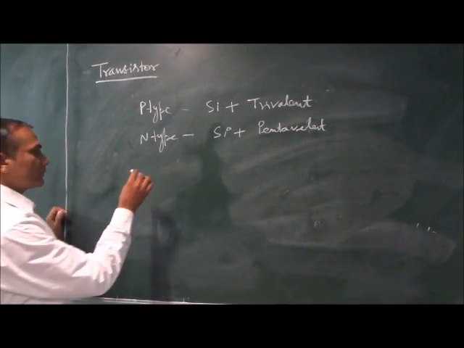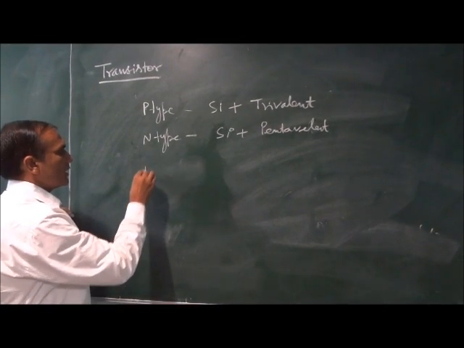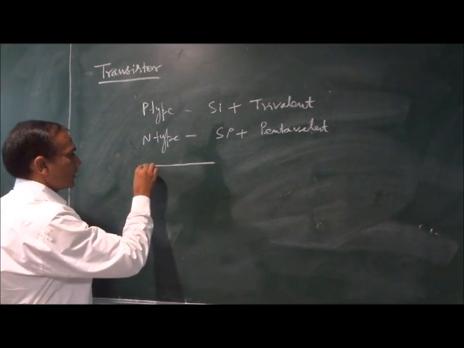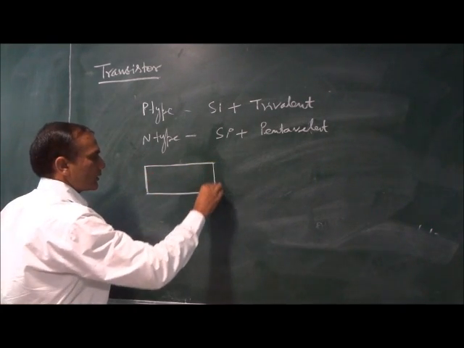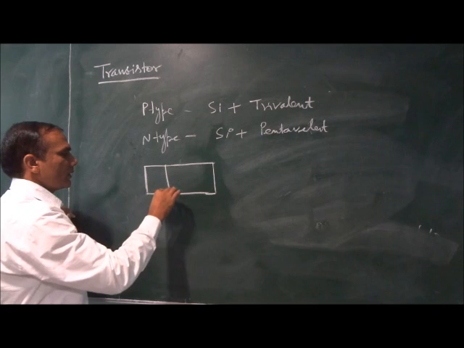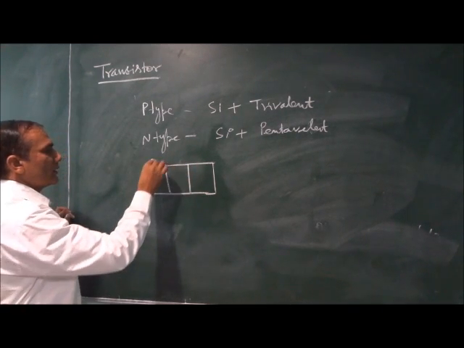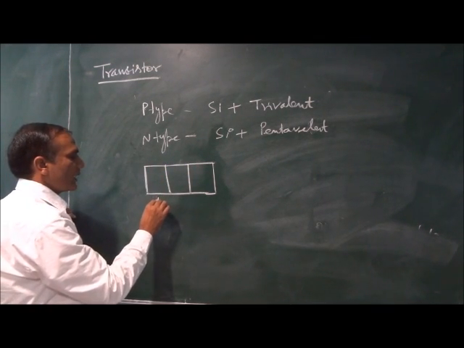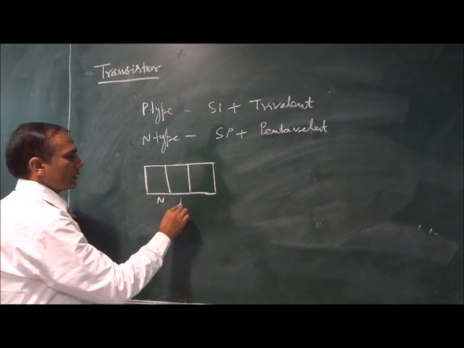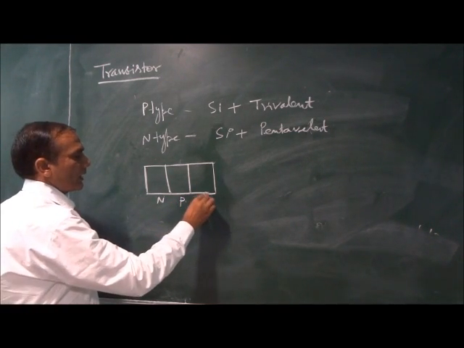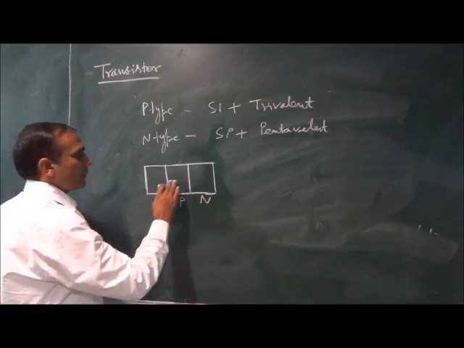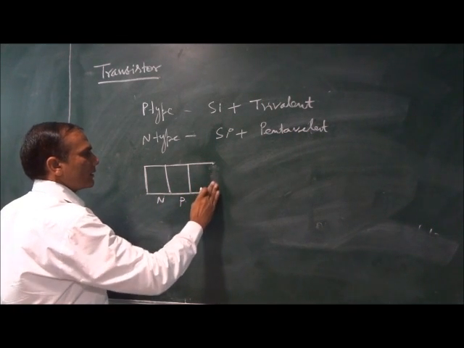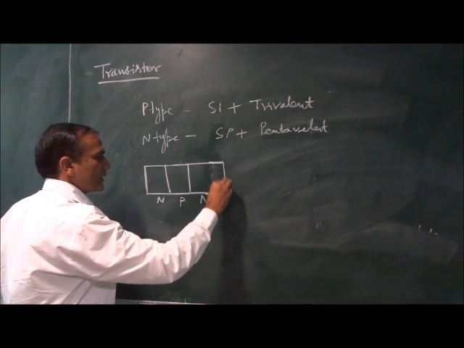Now let us see. If you take here the combinations of the two materials, in this sequence, here if you are having N type, then P type, then N type. So N type, P type and N, these two materials are joined in this fashion.